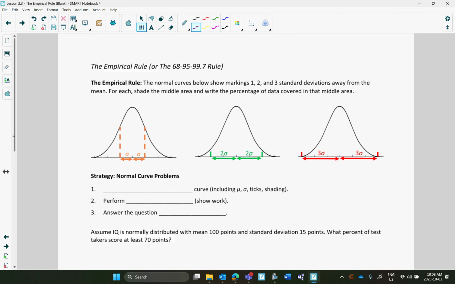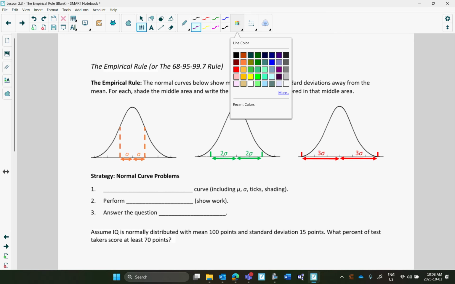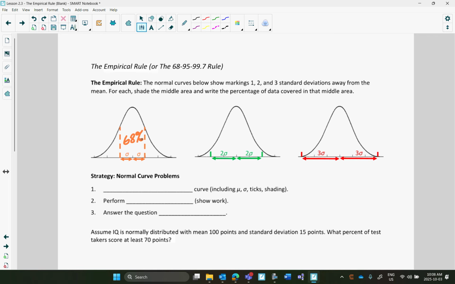What about the data values themselves? In a normal distribution, in general, approximately, 68% of all the data values in a distribution will fall within 1 standard deviation of the mean. 95% will fall within 2 standard deviations.